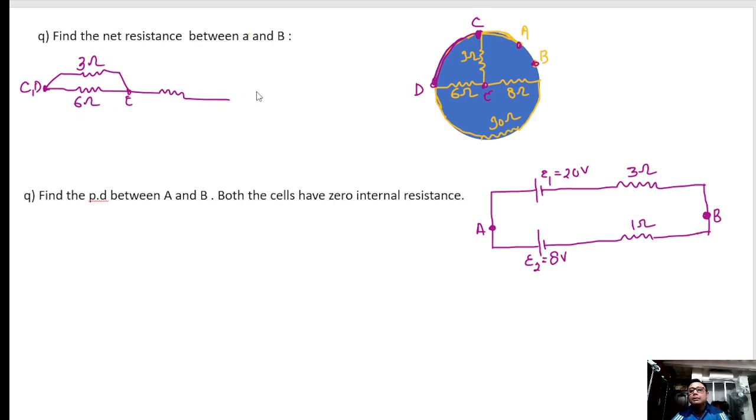And now from point C, point A came out, and point D and point E, suppose this is F. So D and F, this is 8 ohms, and this is F. So basically this is 30 ohms.